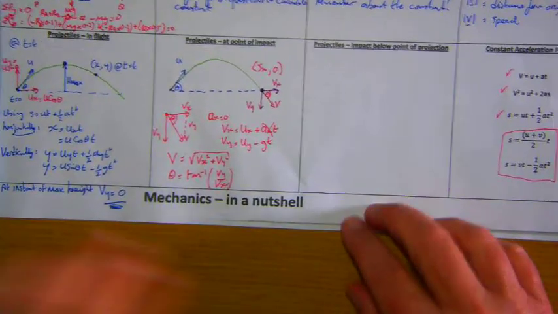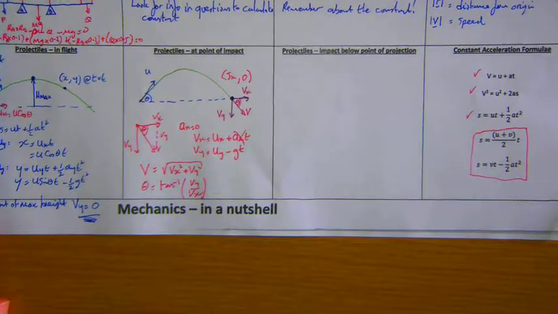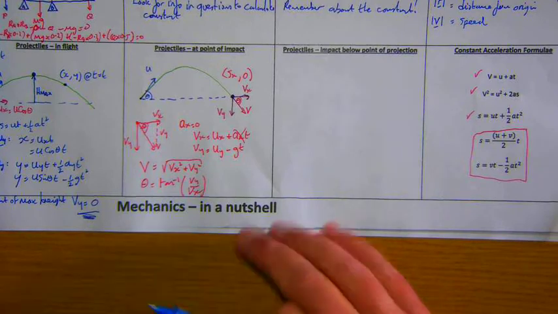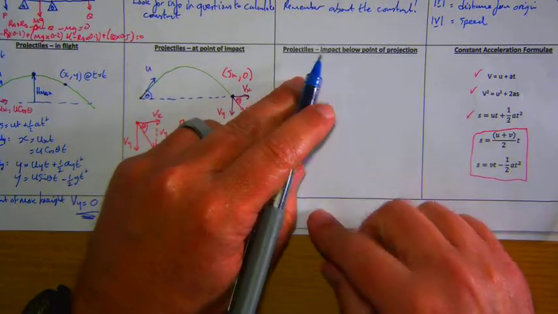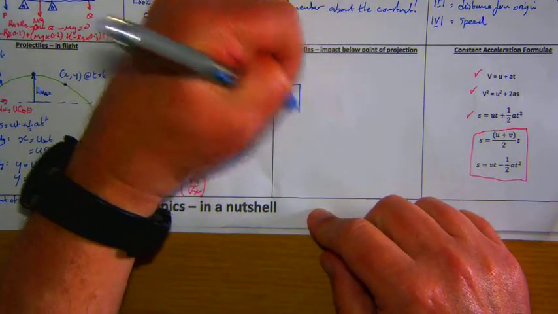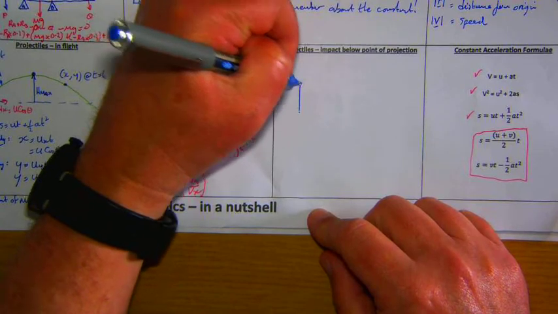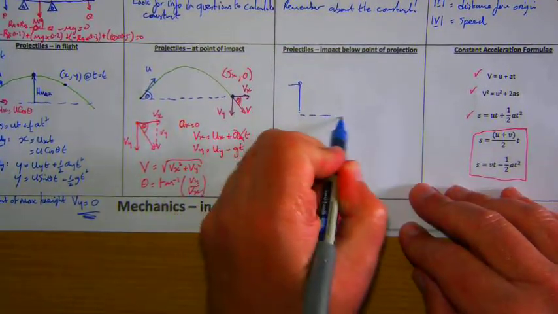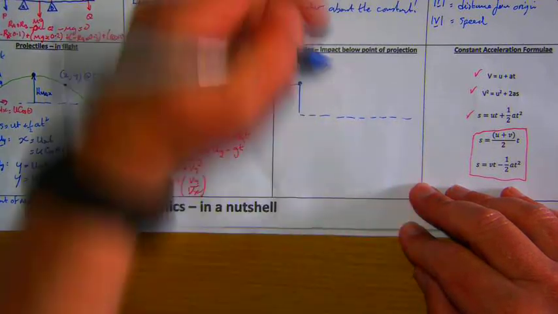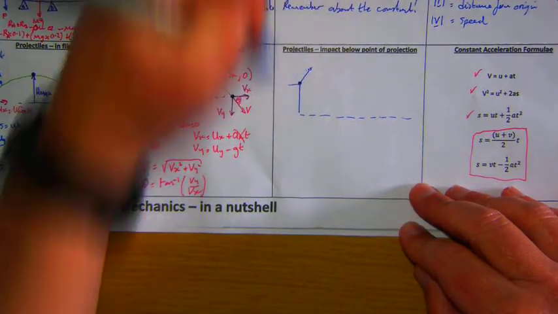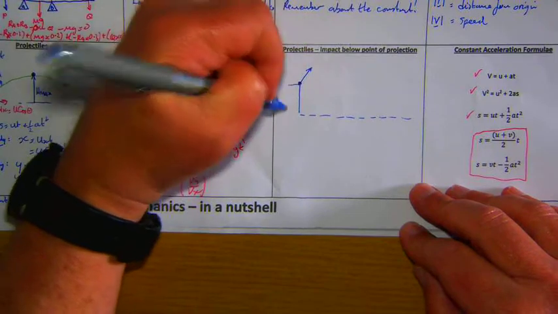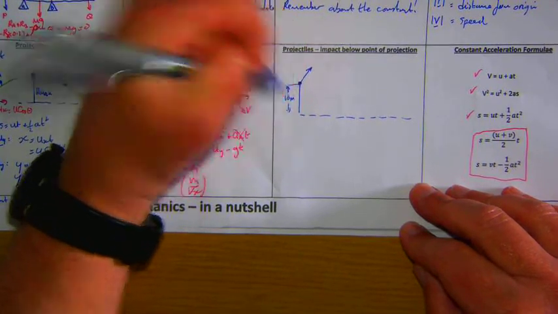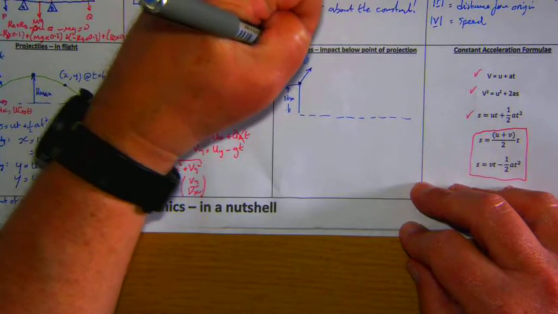And then the only other little fun that we have in mechanics with projectiles is we have a situation where the thing is projected above the point of impact, or it hits below the point of projection. So let's say that we've got a situation here where it's launched 10 meters above the ground.